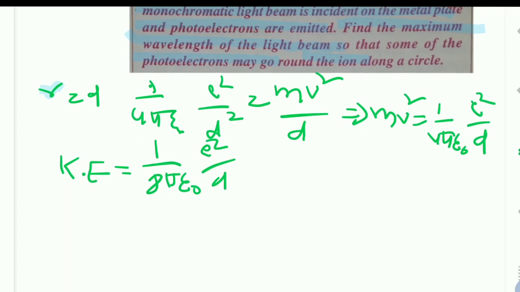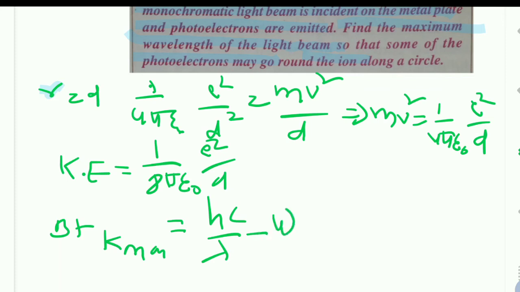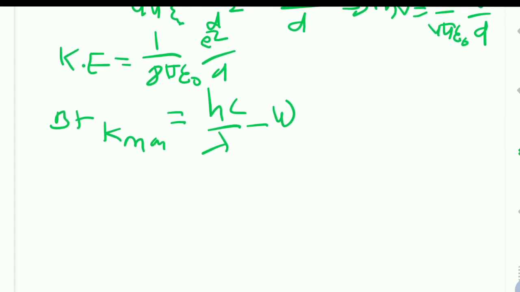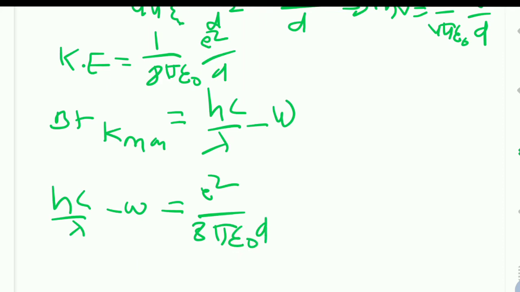But K maximum is hc by lambda minus work function, h nu. So hc by lambda minus work function is equal to e square by 8 pi epsilon naught d.